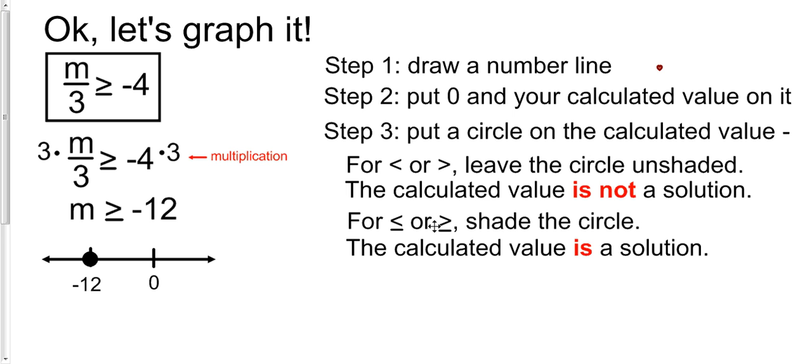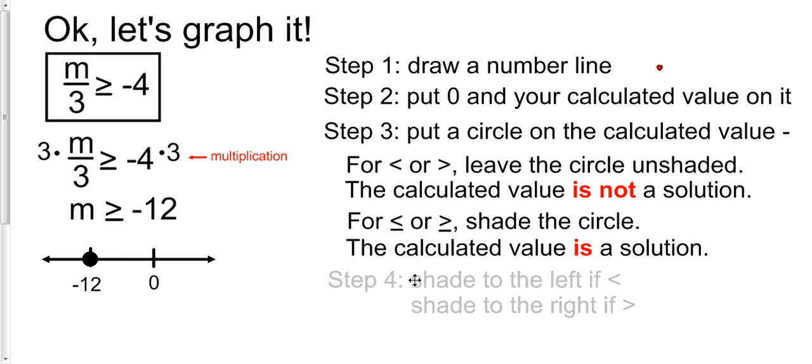So for less than or equal to or greater than or equal to, we do shade the circle. So notice -12 is a solution. Then step 4 says we're going to shade to the left if it was less than, to the right if it was greater than. Ours is greater than or equal to, so we grab a crayon and shade to the right. We want everything greater than or equal to -12.